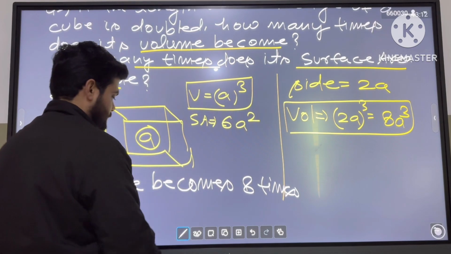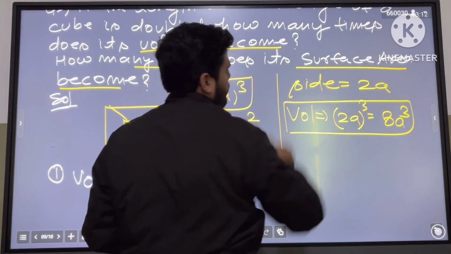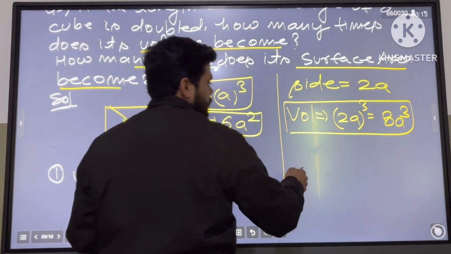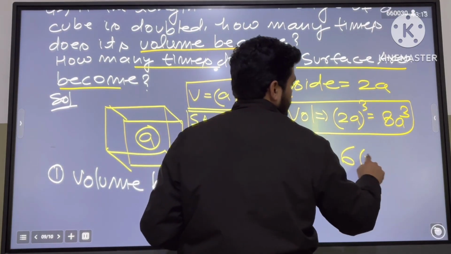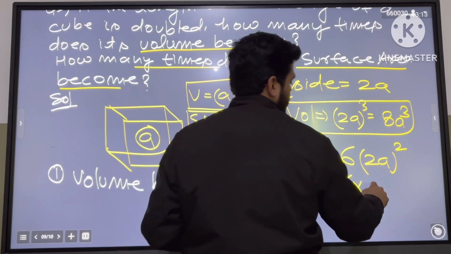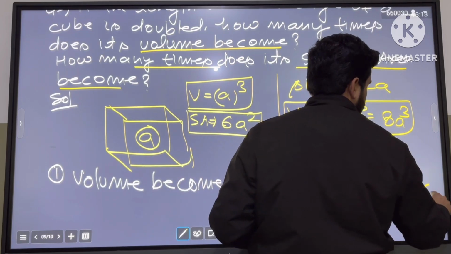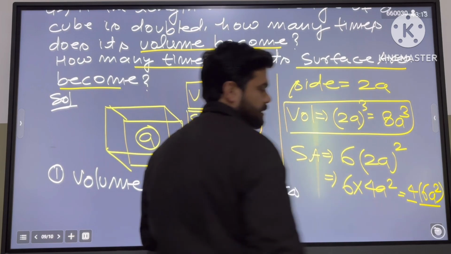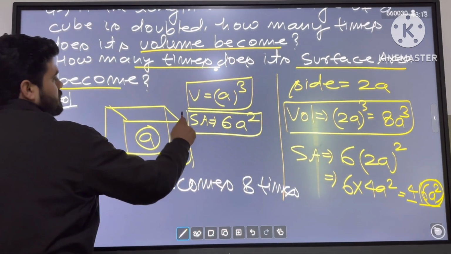And the second part: how many times does the surface area become? The previous surface area is 6a squared and the new surface area is equal to 6 into (2a) squared. So the final answer is 6 into 4a square, which is equal to 4 into 6a square, because 6a square is the previous surface area.